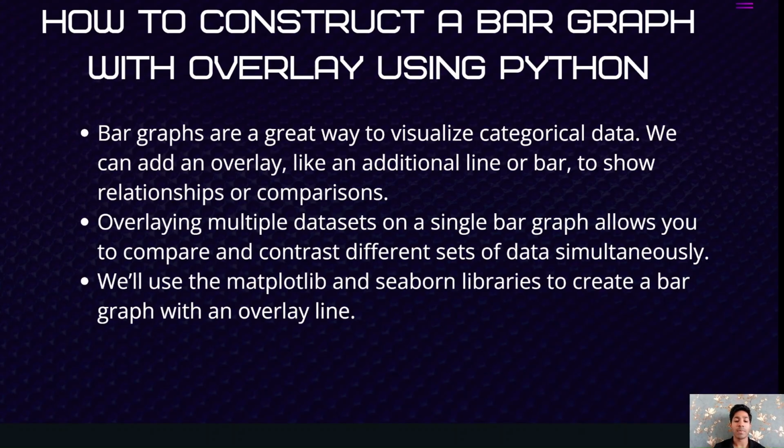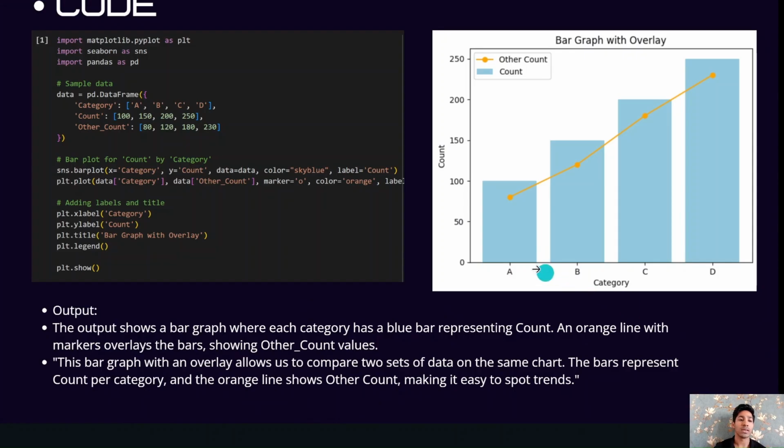We'll use the matplotlib and seaborn libraries to create a bar graph with an overlay line. So here is the code for bar graph visualization, in which we have imported matplotlib.pyplot, which is a module of matplotlib, as plt. Next we have imported seaborn as sns, and then we have imported the pandas library.